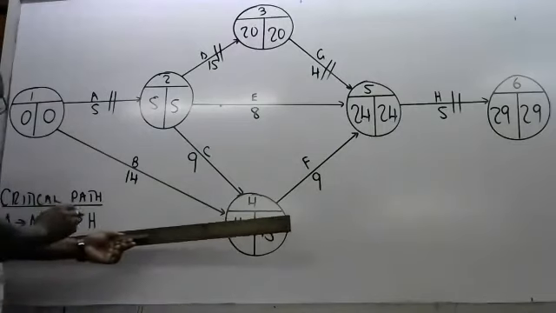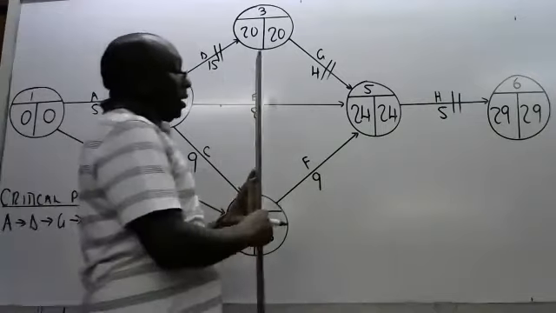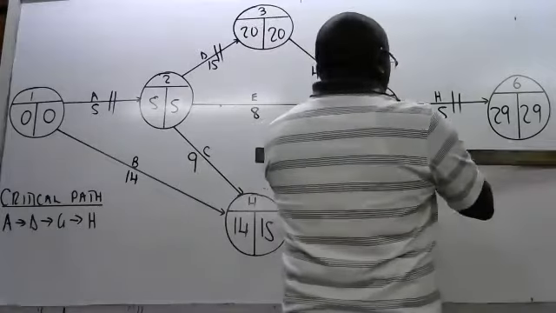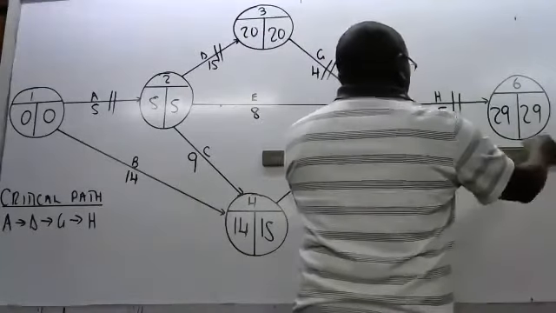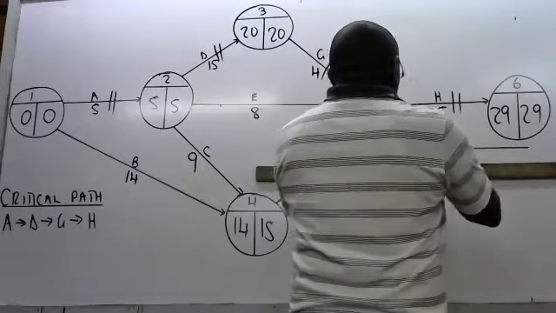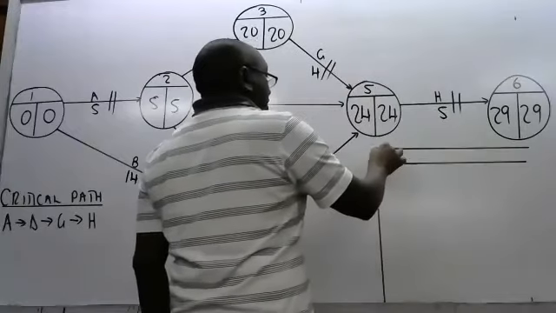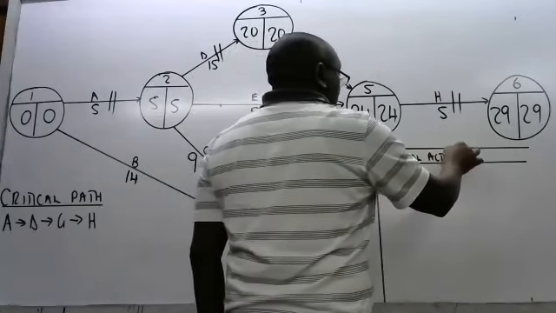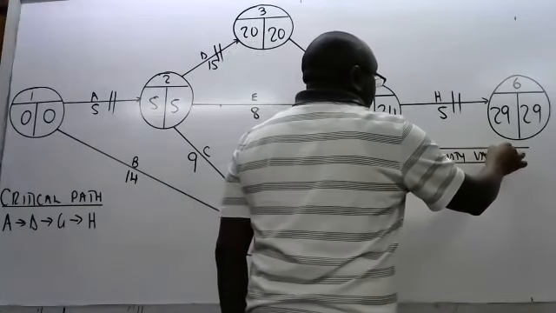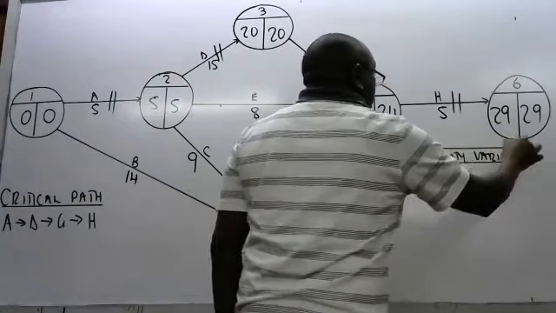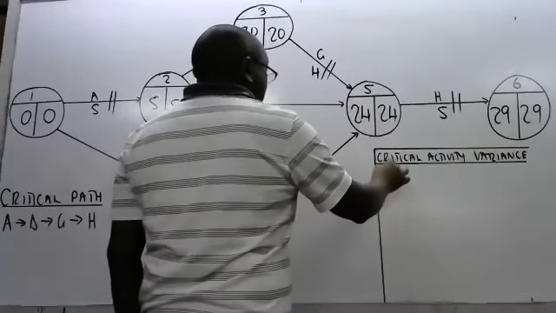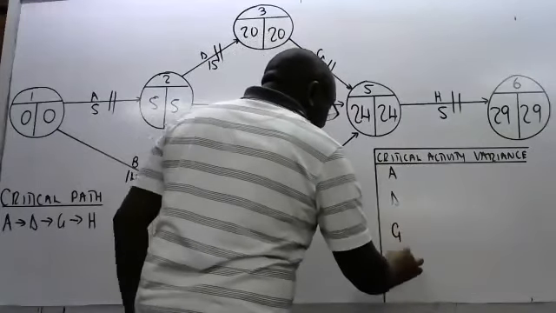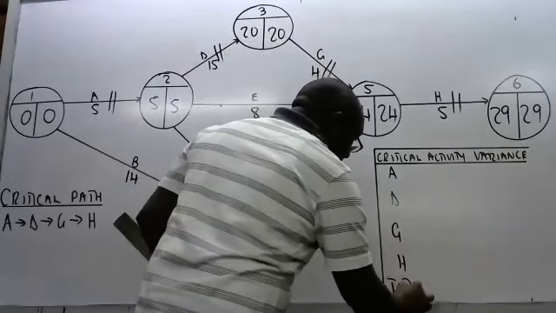So from there now, you need to come here and do something like this. We have critical activity and then variance. So this is A, D, G, and H, then total.